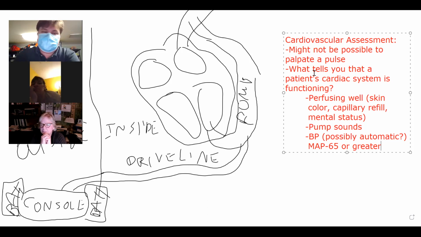And that's an easily managed thing by EMS and giving the patient IV fluids. And if you consult with the VAD coordinator, that's probably going to be one of the things that they would have you start with if you have a patient who looks like they're poorly perfusing and the console is alarming low flow.